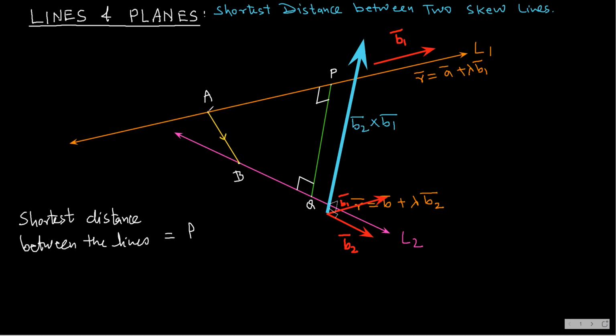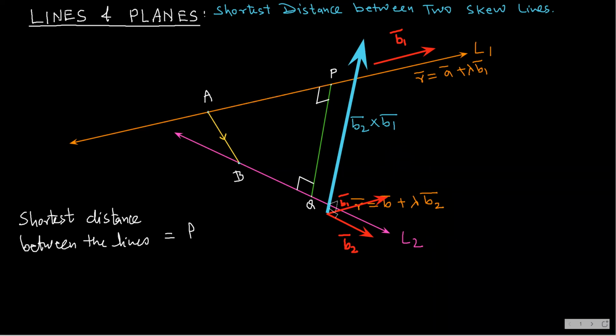When I draw the perpendicular from A on this vector B2 bar cross B1 bar and from B on this vector, okay, the projection of AB bar on B2 bar cross B1 bar will give me PQ. That is what you have to remember.